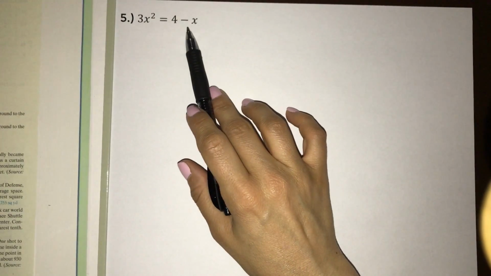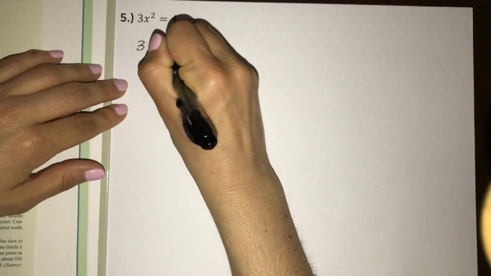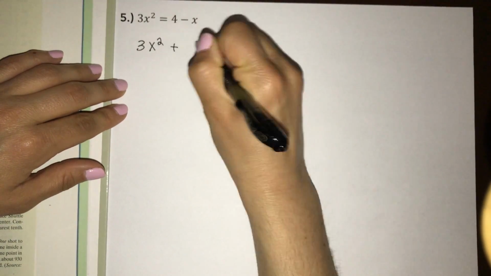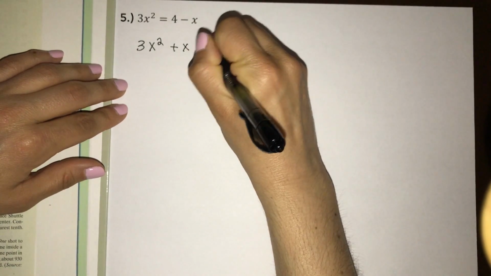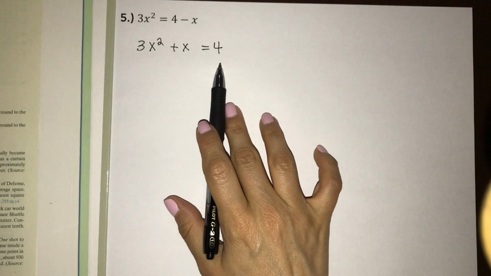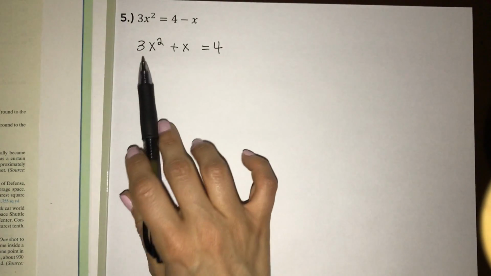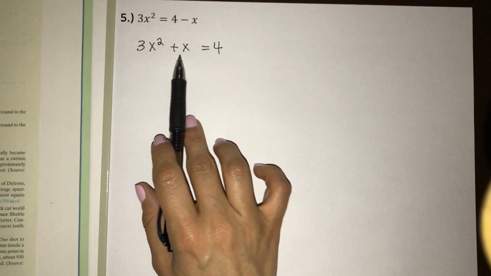So what we need to do is add x to the other side. Okay, so I've isolated the constant term. That was step 1. Step 2, this needs to be 1, so we have to divide everything by 3.